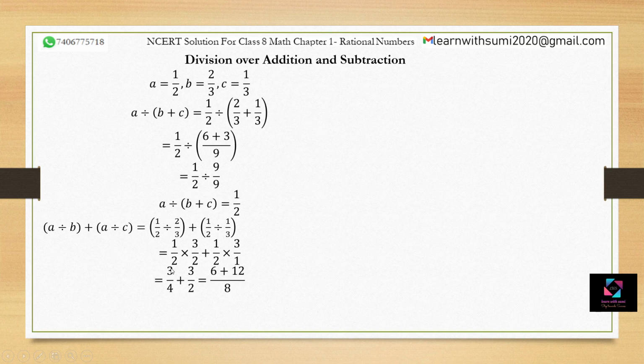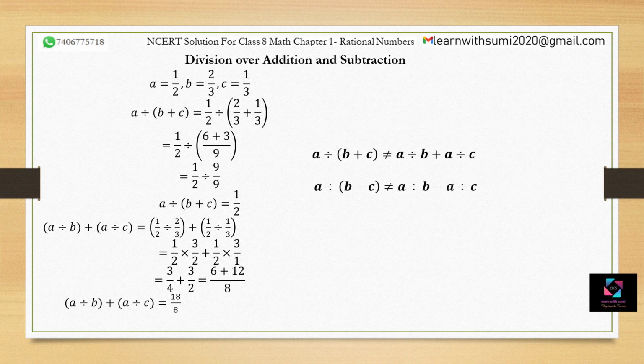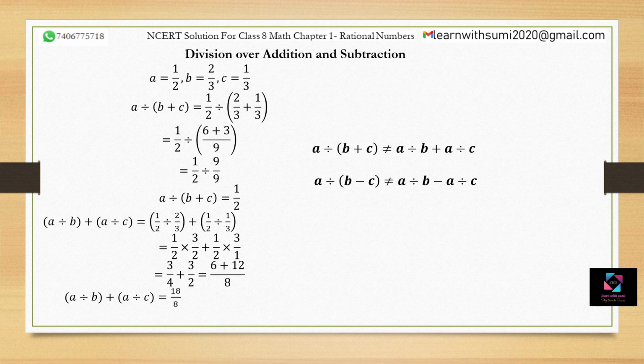This is nothing but 3 2s are 6, 4 3s are 12, divided by 4 2s are 8. 12 plus 6 is 18 by 8. 1 by 2 is not equal to 18 by 8. Hence, division over addition does not satisfy the condition. Hence, it is not equal. It does not hold good for distributive property. Similarly, division over subtraction also does not hold good for distributive property.